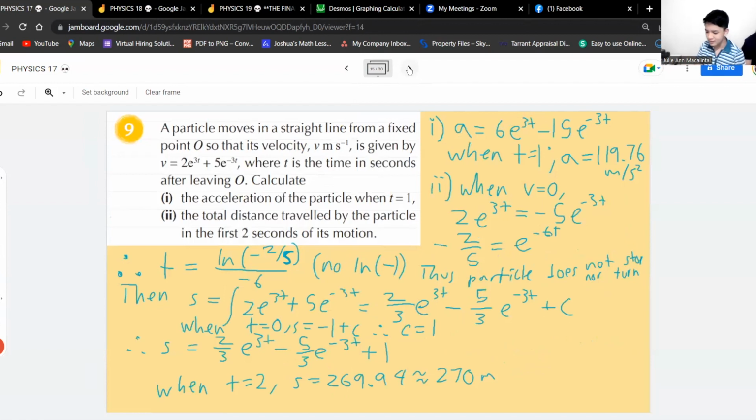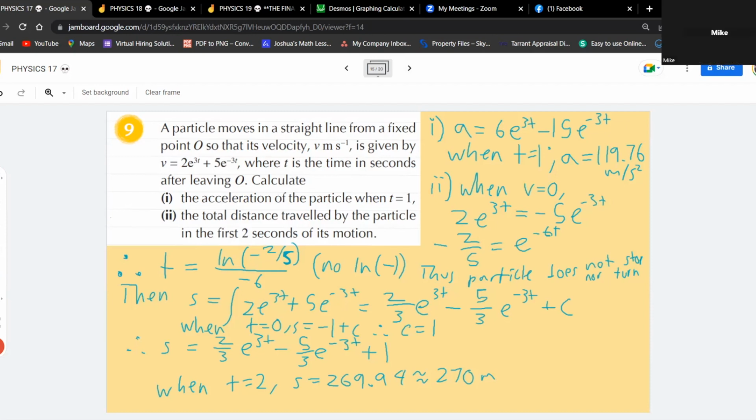16B8. 16B9. Fine. Acceleration is 6 e to the 3t minus 15.